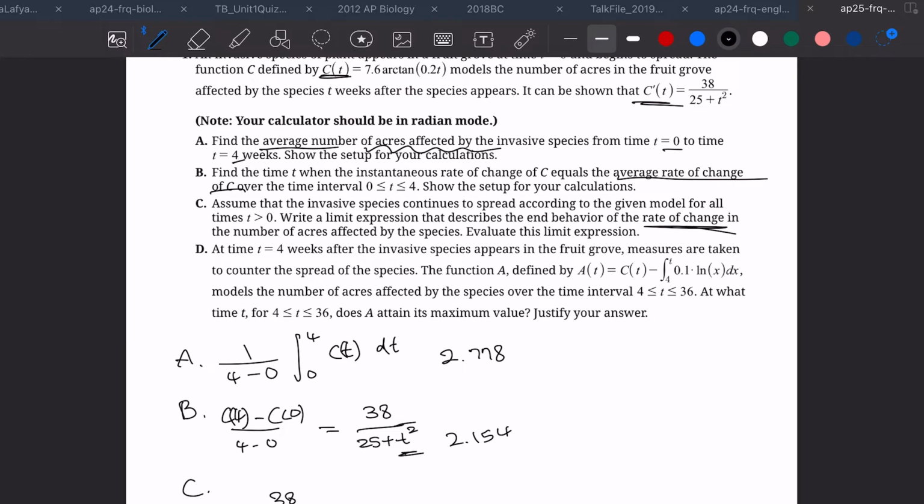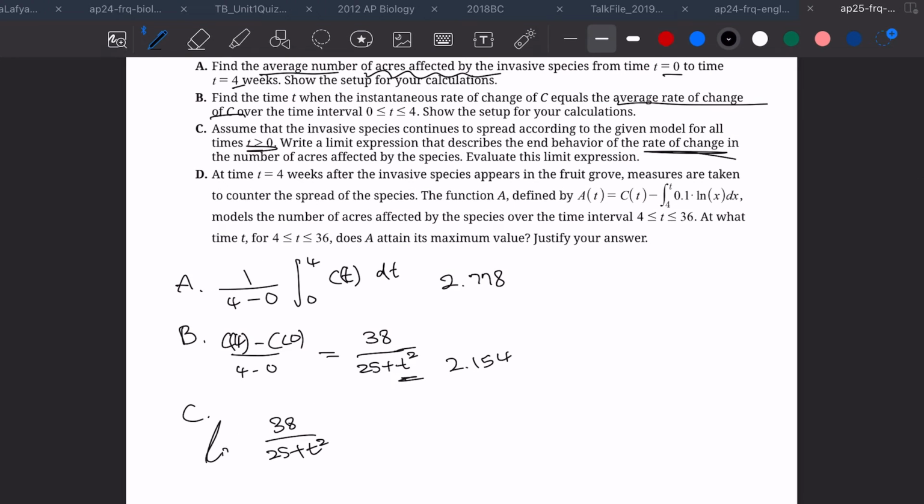We have to find the end behavior when t is greater than 0, so as t reaches infinity. Here, as t reaches infinity, the denominator also reaches infinity, but the numerator stays the same as 38. So the denominator reaches infinity, and the limit would be 0.